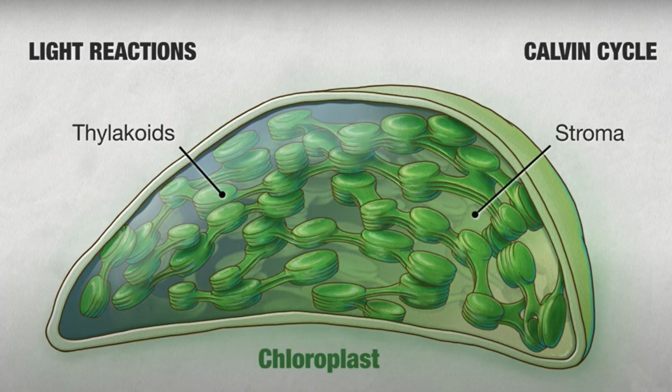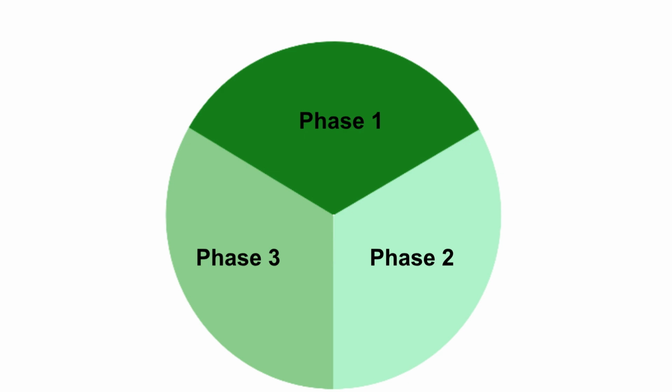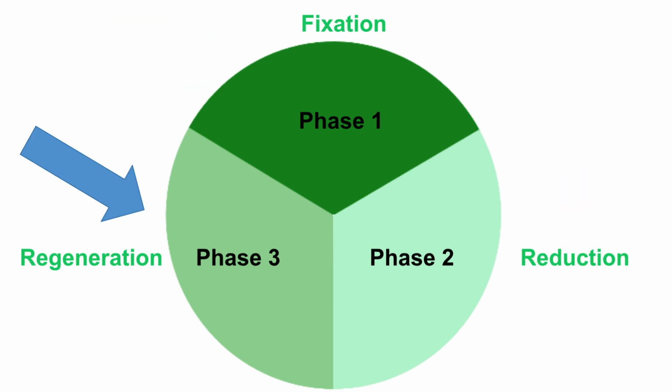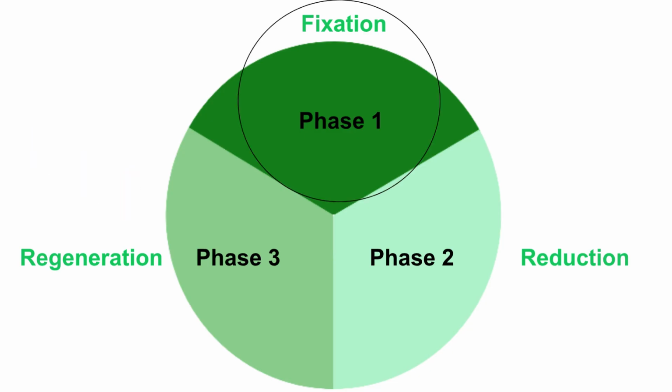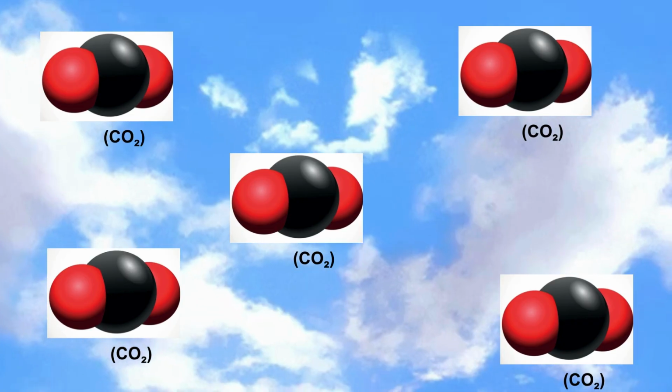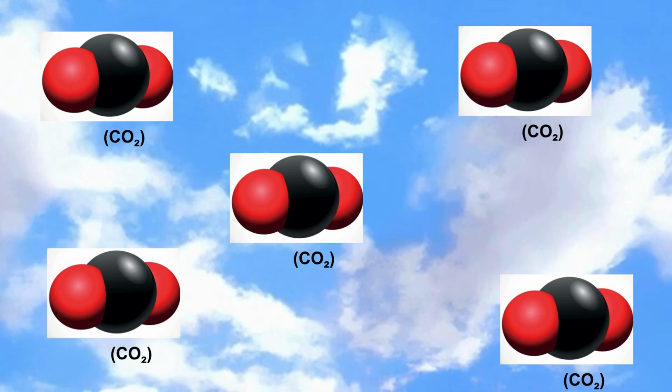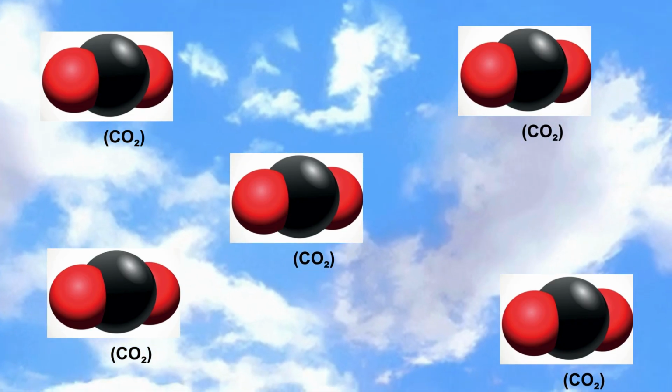It occurs in the stroma, the watery clear fluid surrounding the thylakoid, and can be broken down into three phases: fixation, reduction, and regeneration. In the first phase, which is carbon fixation, carbon dioxide from the air is incorporated into organic molecules.